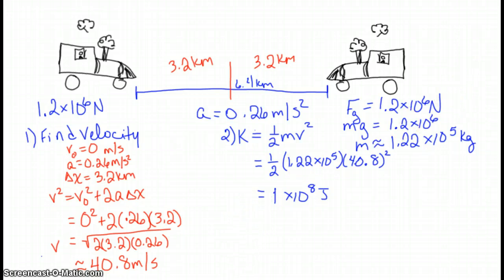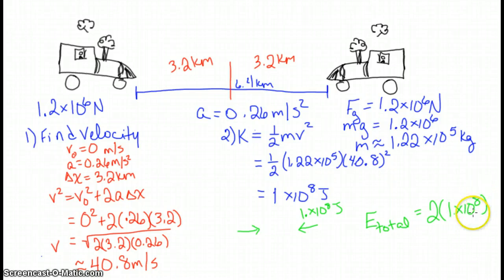So what we need to stop and realize is that if we have 2 of these, one coming in from the left and one coming in from the right, they each have the same 1 times 10 to the 8th joules of energy. The total energy is going to be 2 times that 1 times 10 to the 8th. So we're going to add their energies. So that's going to give us 2 times 10 to the 8th joules as their total kinetic energy.